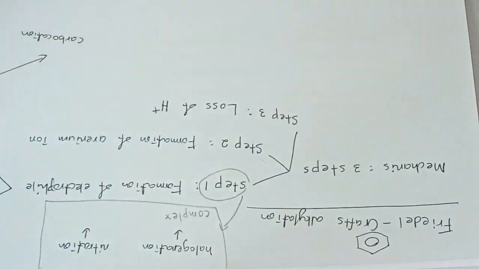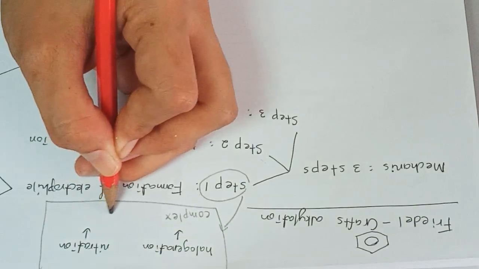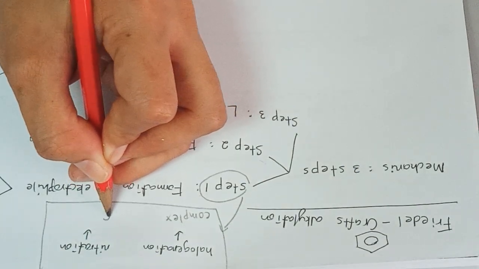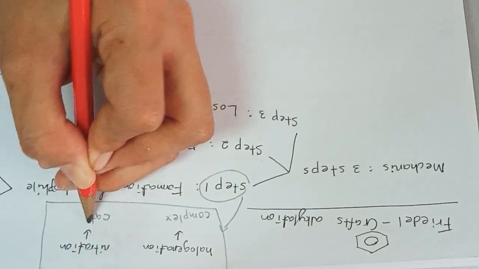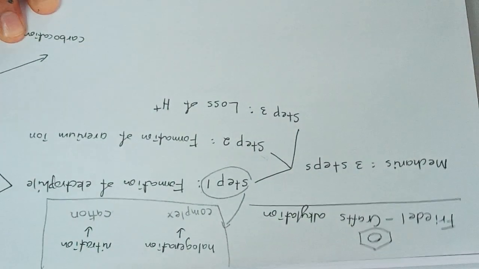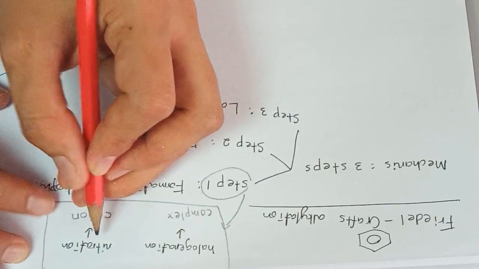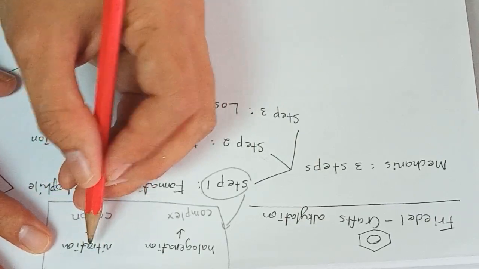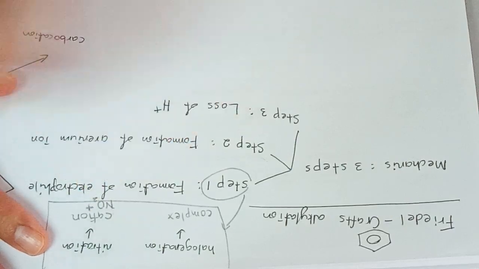However, for the nitration of benzene, the type of electrophile that we form is a cation. Okay, it is a cation. The cation that we form in the nitration is NO2 plus.